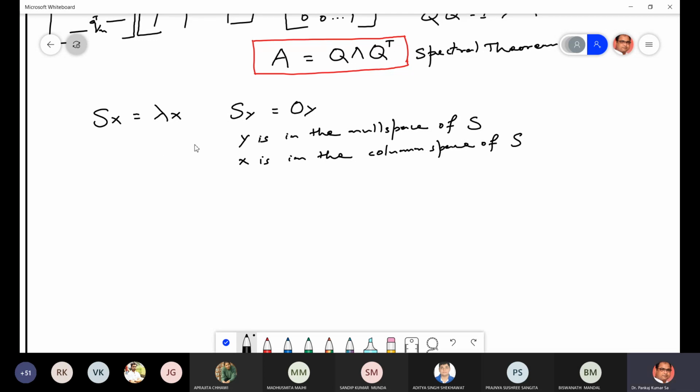But one thing we are forgetting here: S is symmetric.